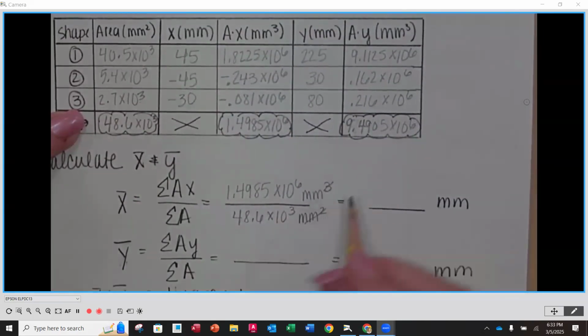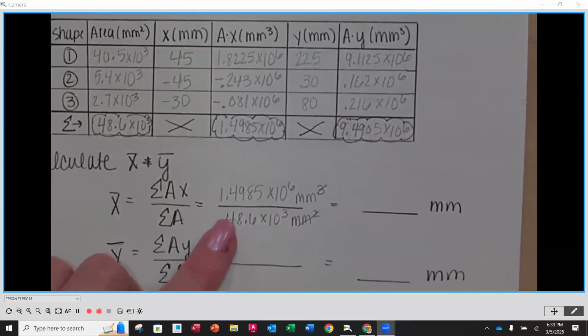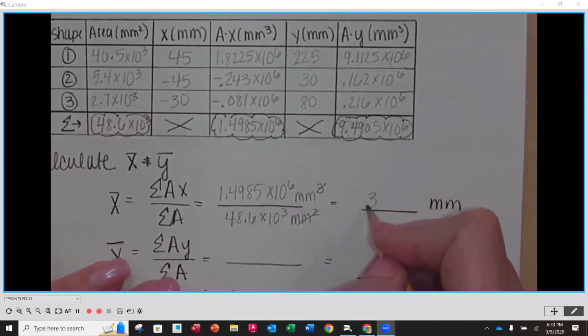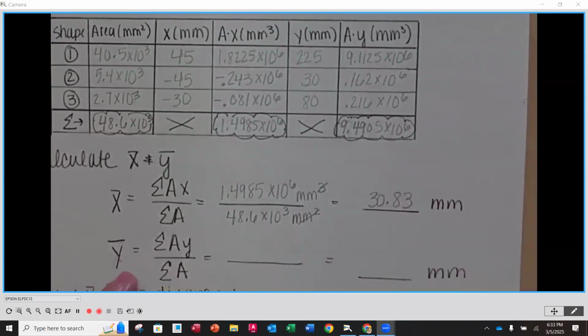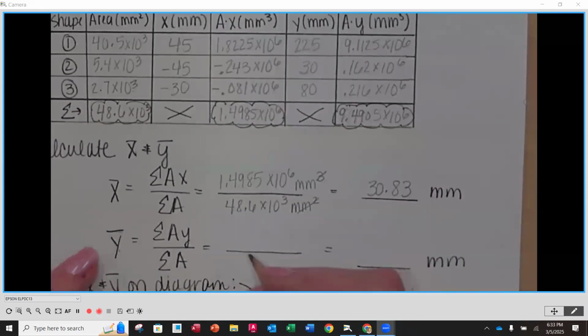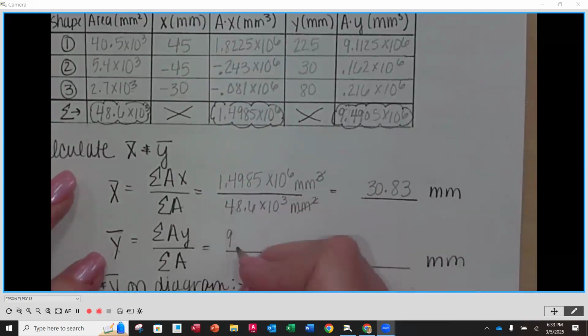The millimeters squared cancel. I'm left with millimeters, which makes sense for a distance. So if I take that, I should get 30.83 millimeters. Is that right? And then for our Y bar, we're going to take the A times the Y total.